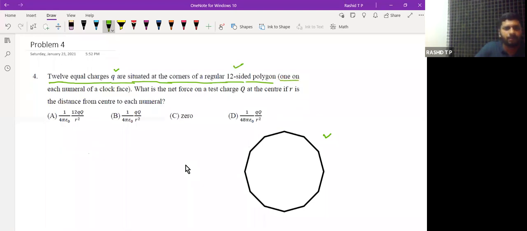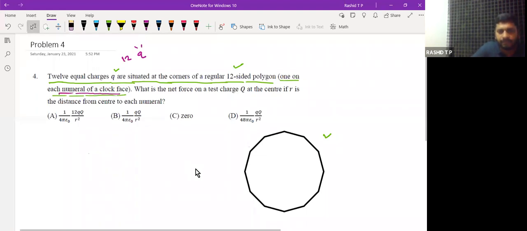One on each numeral of a clock face, which means here we have 12 Q charges placed at each numeral of a clock face. That is, here you have a charge Q, another charge Q. In this way, all places you have a charge Q.